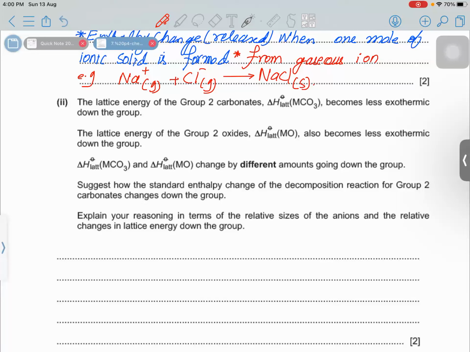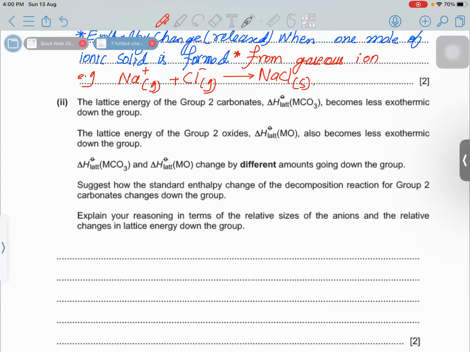So if lattice energy decreases, salt becomes stronger or weaker? Weaker. So decomposes easily or not easily? So it will decompose easily then. So decomposition increases, decreases?